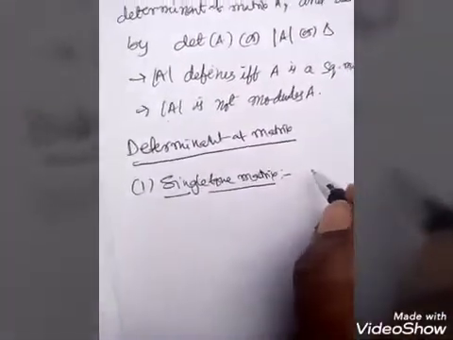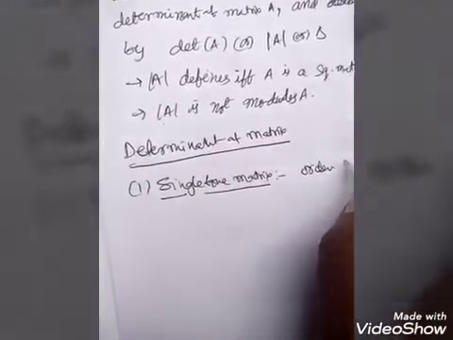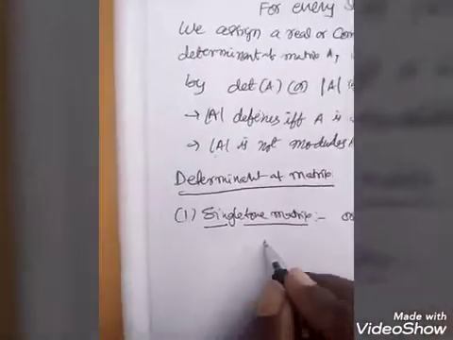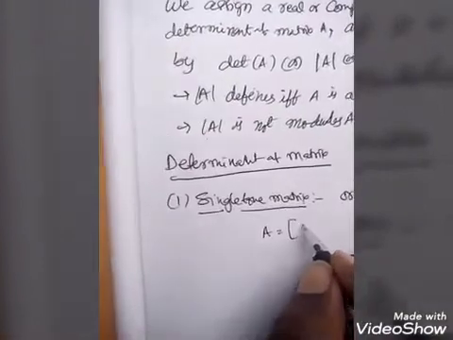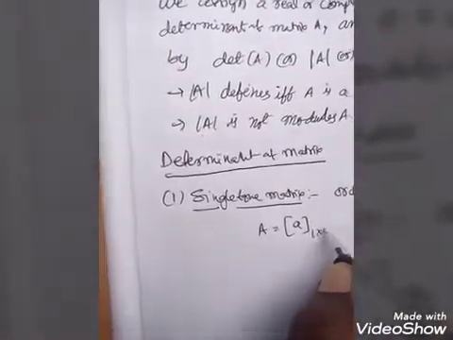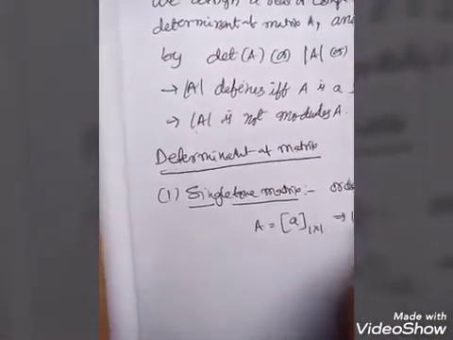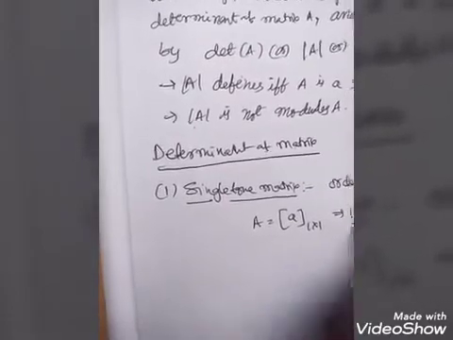What is a singleton matrix? That is of order 1 by 1. That is, A is equal to the element a, which is 1 by 1. That implies det A is equal to a.